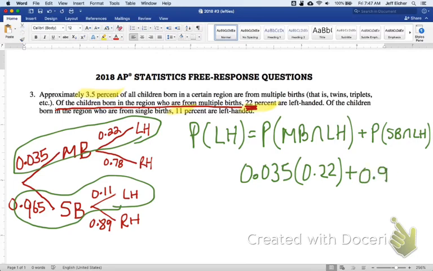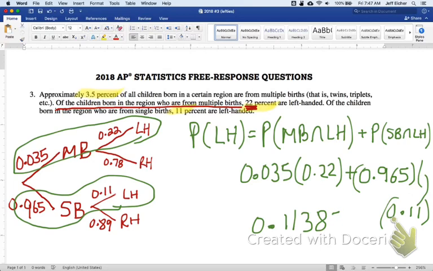So 0.965 times 0.11. And multiplying those, we get the answer of 0.11385. There's no rounding rule on the AP exam.